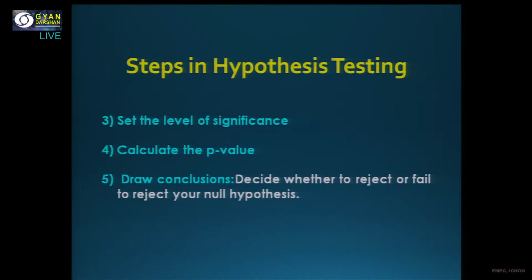When we do the hypothesis testing, we will have one level which would help us decide whether we have to reject or not reject. I am purposefully using the words not reject because usually in research work we don't use the word accept.